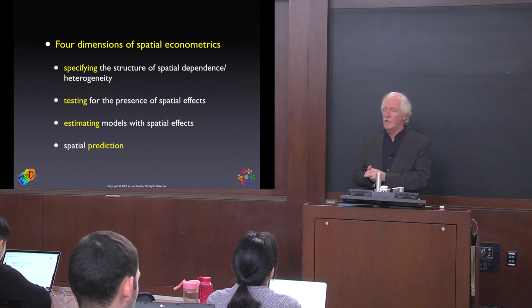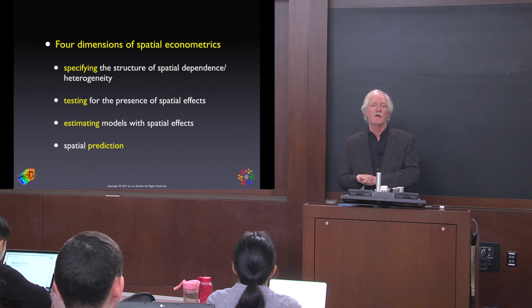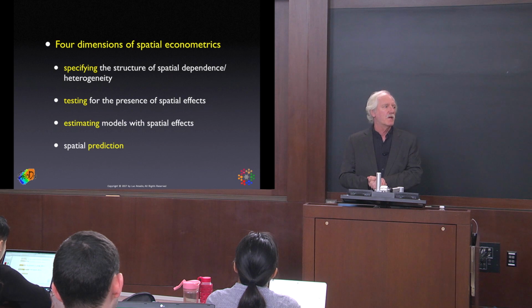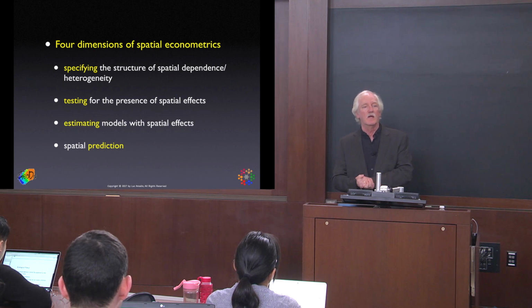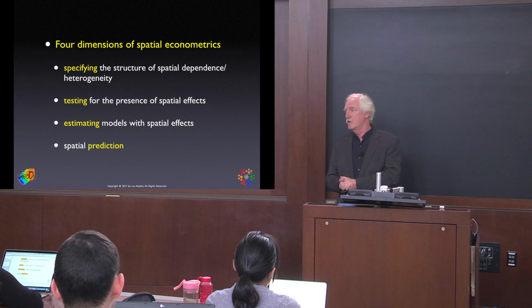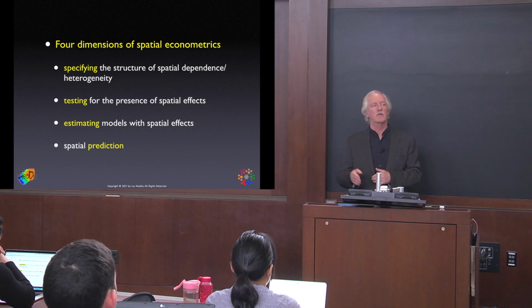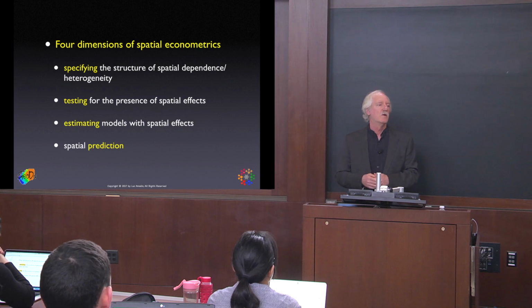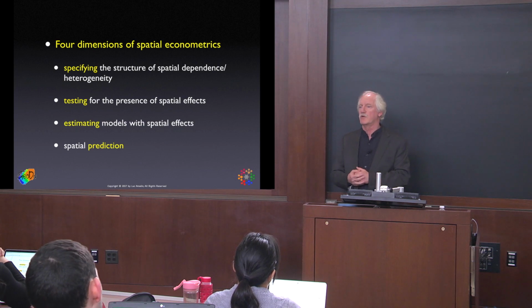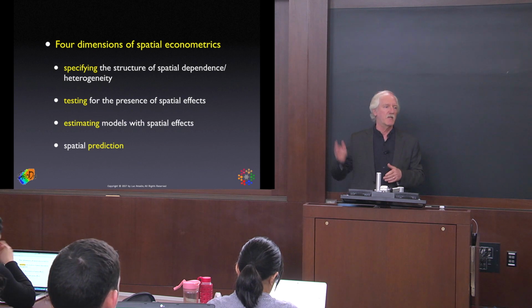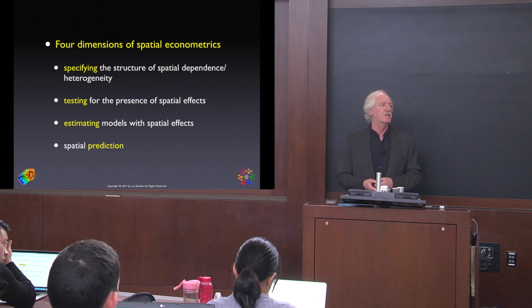You know, I'll be the first one to say that sometimes in practice, at the end of the day, it really doesn't make that big a difference in a qualitative sense. You know, if you have, say, a coefficient in a regression that is significant at 0.00000001, whether or not you correct for spatial correlation in the error terms, maybe we'll chop off 1 zero, but it's still going to be highly significant.